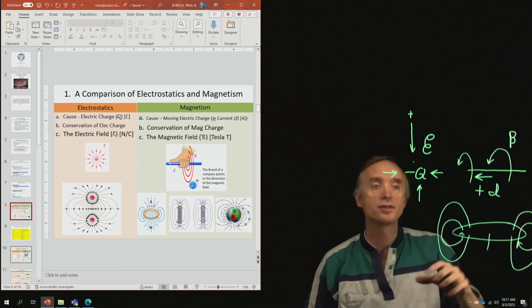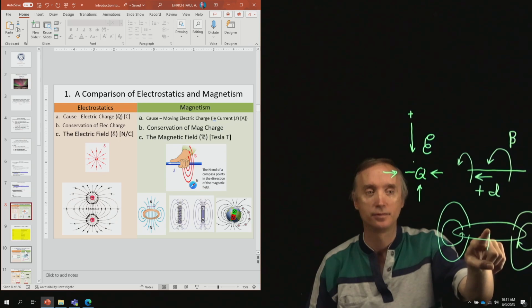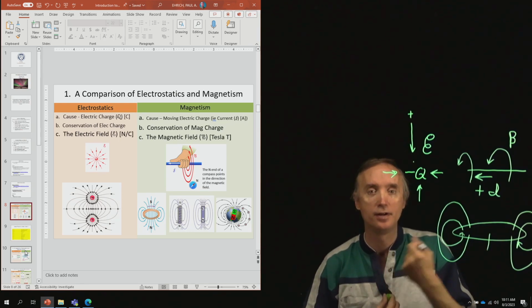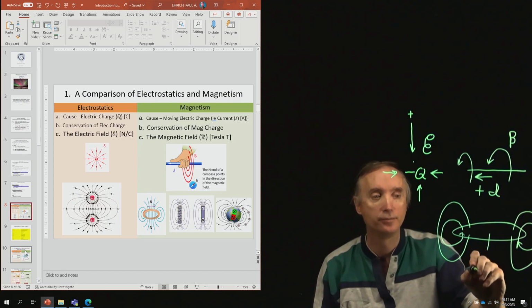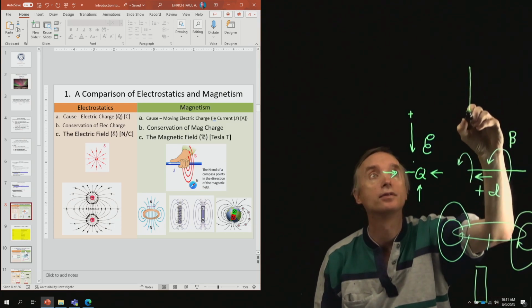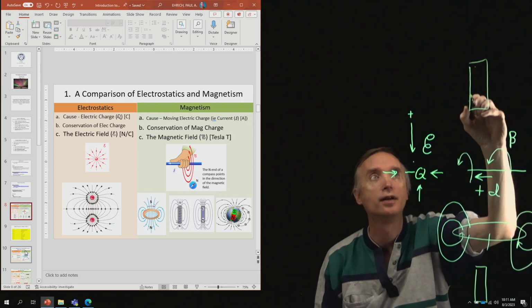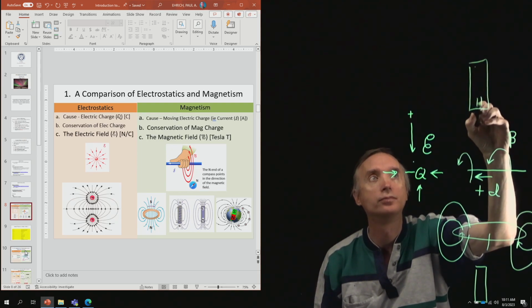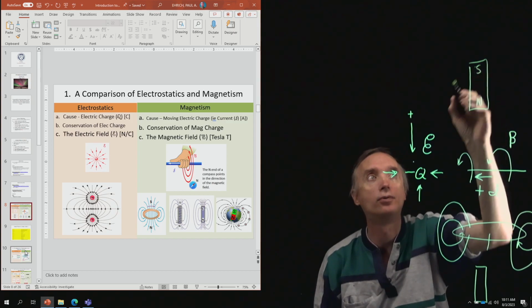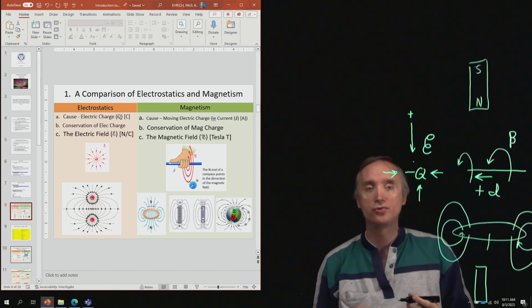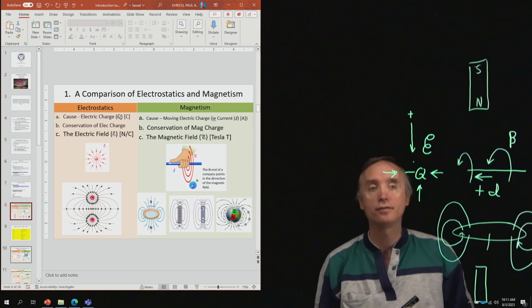Okay, now let's compare this picture to a bar magnet. So if you have a bar magnet, it's going to have a north pole, and then it's going to have a south pole. All right, now we want to draw the magnetic field of a bar magnet.